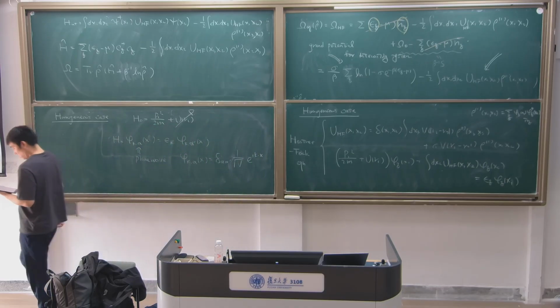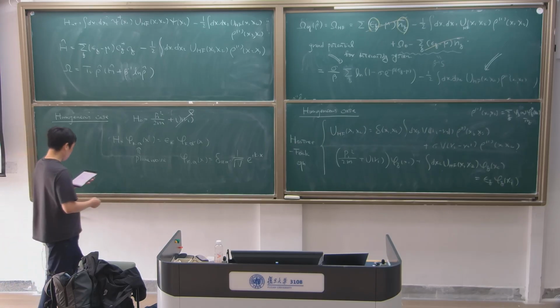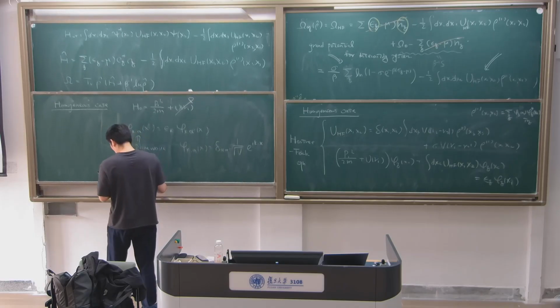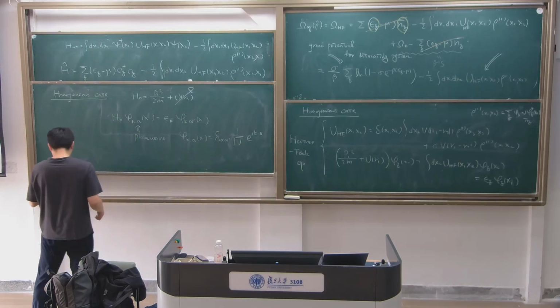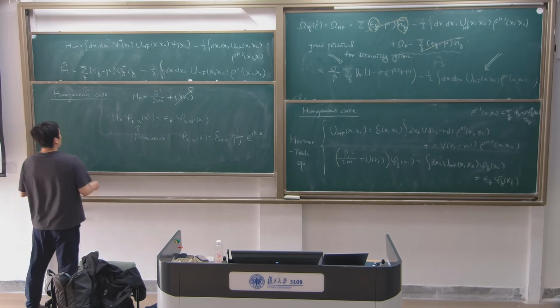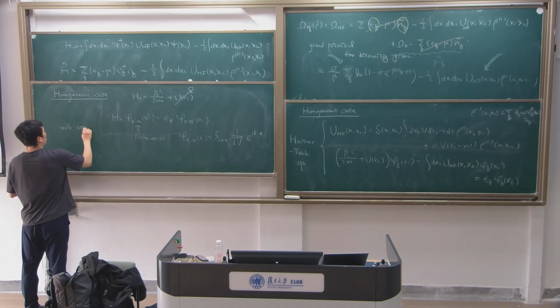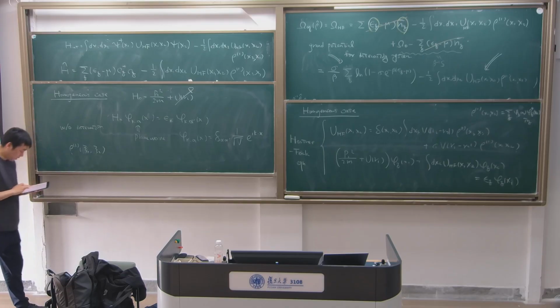So without interaction, we have rho 1. From now on, it's going to be important to have the spin variable.